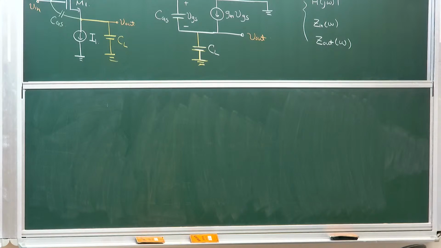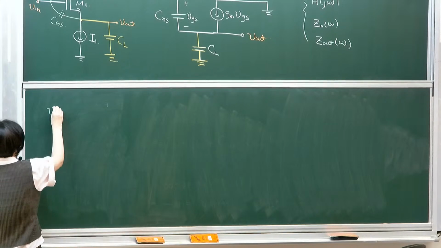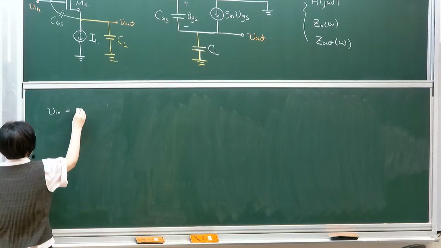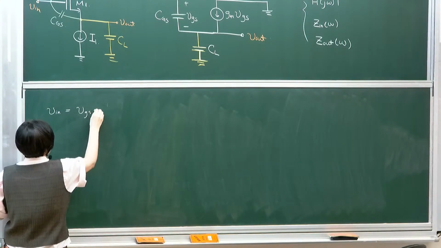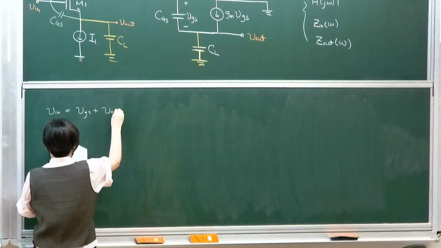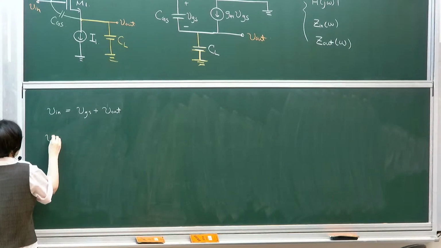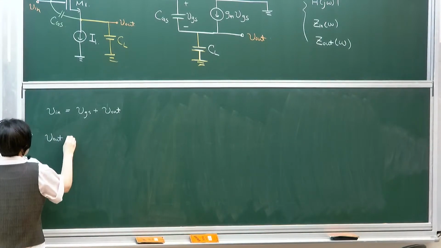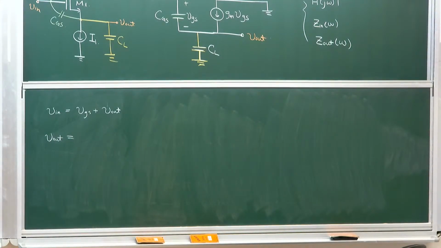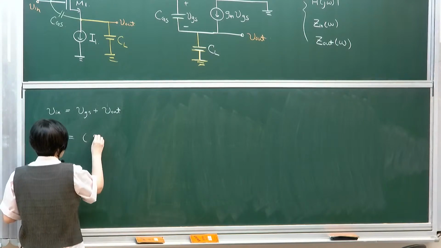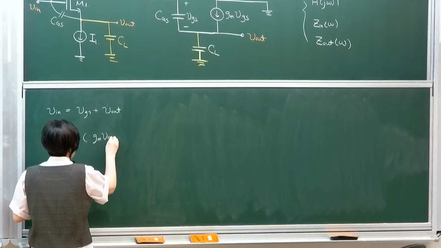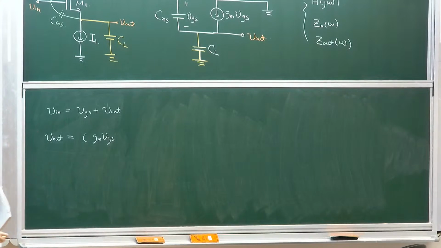So if this is the case, let's construct its transfer function. Look at its input, which equals VGS plus VL. And what is VL? VL can be determined by the current flowing through the loading capacitance. There are two currents. One is gm VGS, the main transistor channel current.